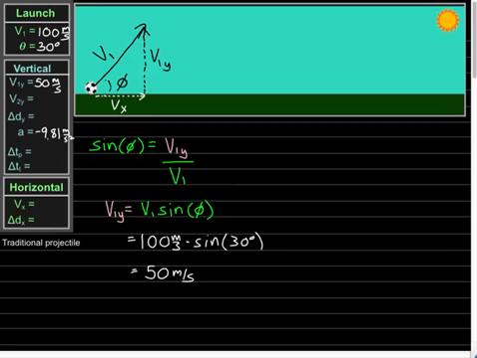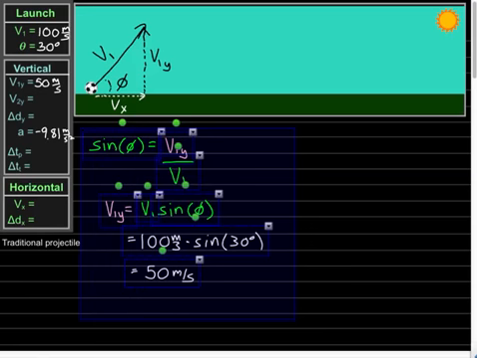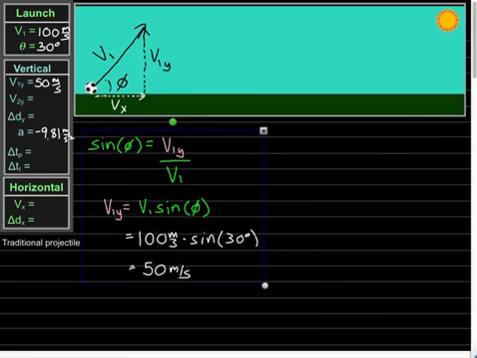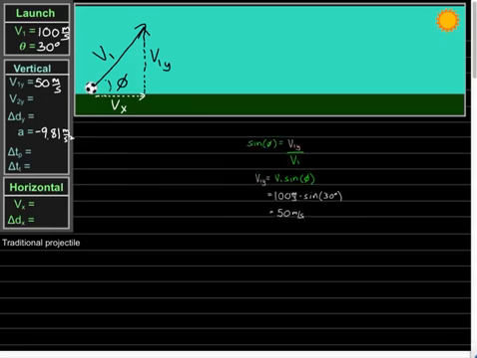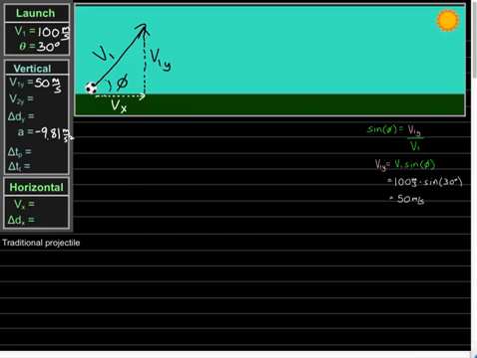So with that information, we can now calculate how much time it's going to spend in the air. The faster something's moving upward, the longer it's going to be in the air. That should make sense. So in order to do that, we need to use the theory that acceleration decreases a velocity by 9.81 meters per second every second.